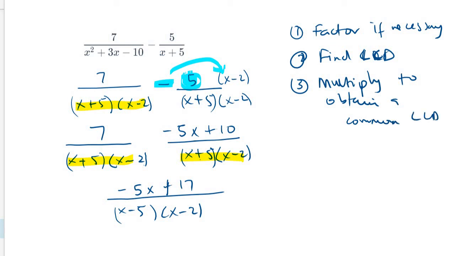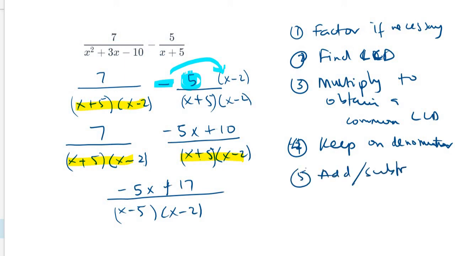After that you would keep one denominator, and then you add or subtract the numerators.